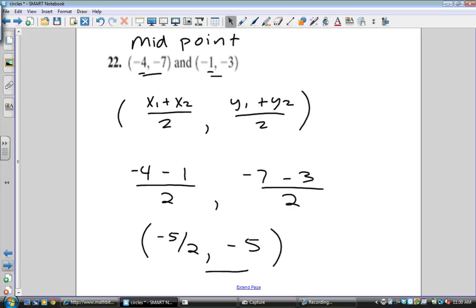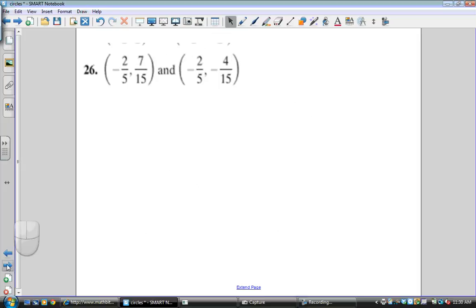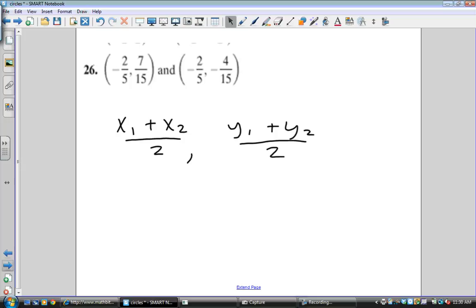Okay, let's look at another example, this time one with maybe some fractions in it here. So here again, the x-coordinate is x1 plus x2 over 2. The y-coordinate is y1 plus y2 over 2. Of course, we put it in parentheses here because it's an ordered pair.